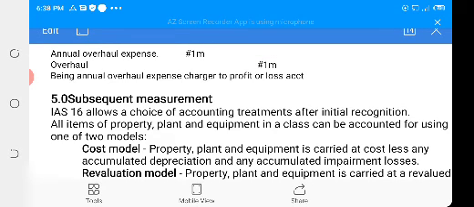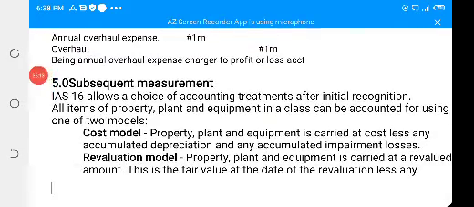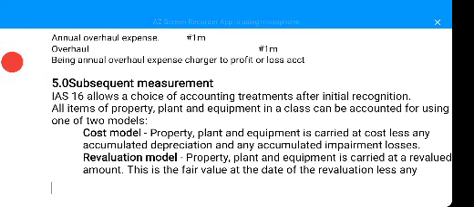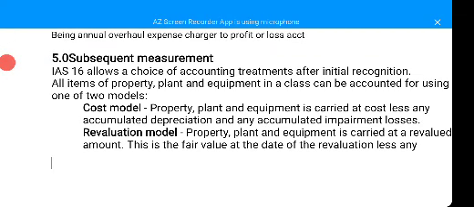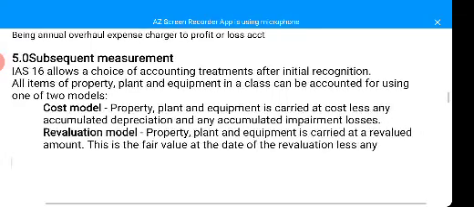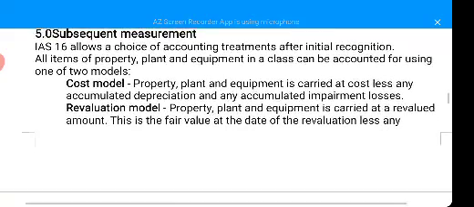So let's move on. Subsequent measurement. IAS 16 allows a choice of accounting treatment after initial recognition. All items of property, plant, and equipment in a class can be accounted for using one of two models.